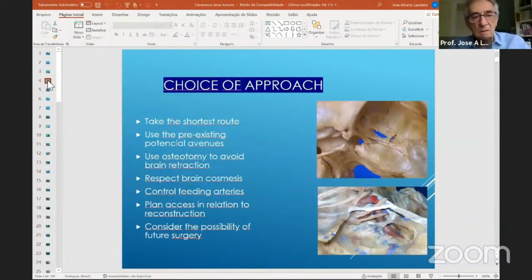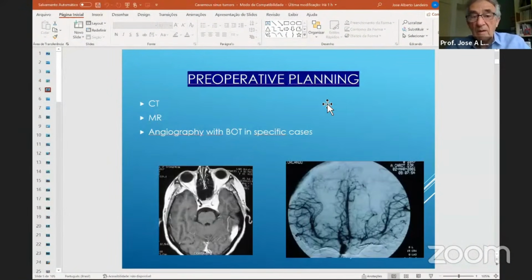After talking about the approach, the preoperative planning must include CT, MRI, angiography, and sometimes a balloon occlusion test in specific cases.